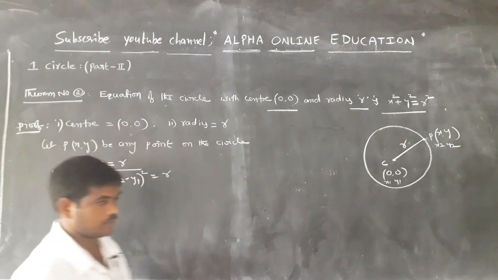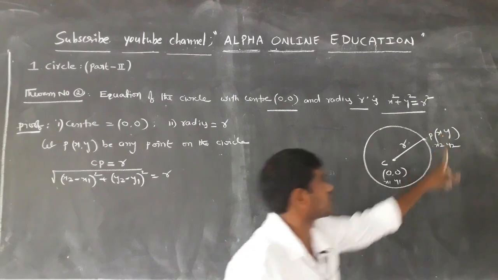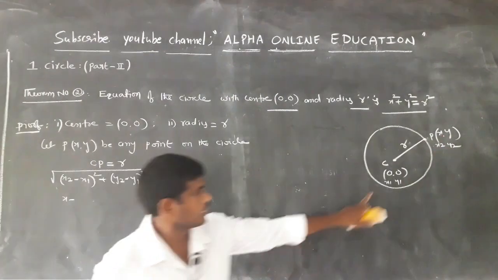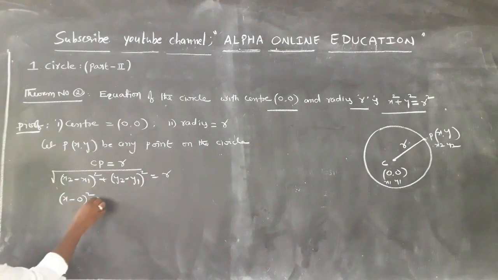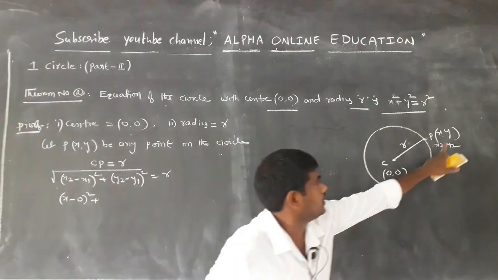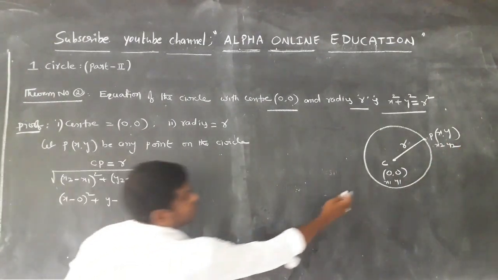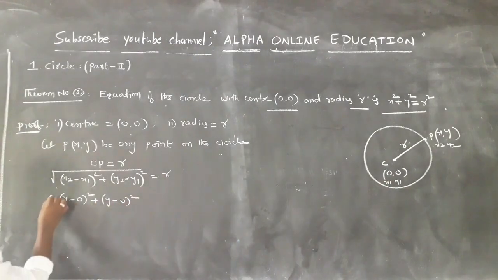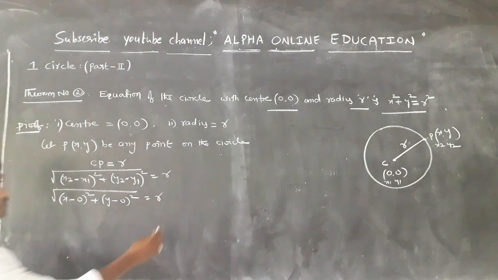Substitute x1, y1 and x2, y2 values. x2 is equal to x, x1 is equal to 0, whole square, plus y2 is equal to y, y1 is equal to 0, whole square, under root is equal to r.